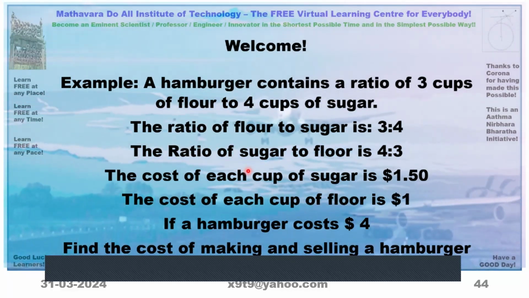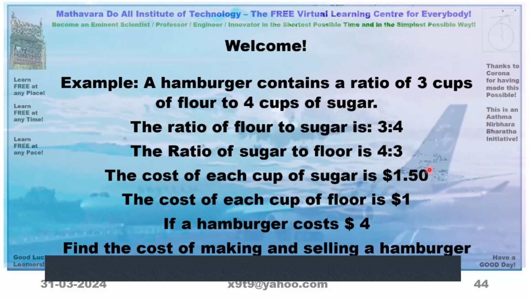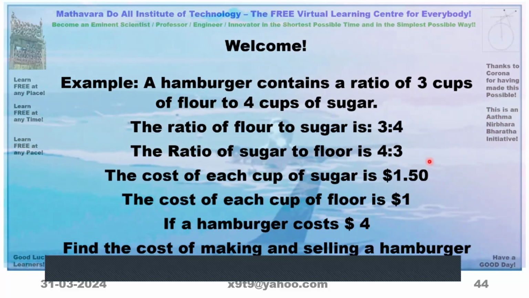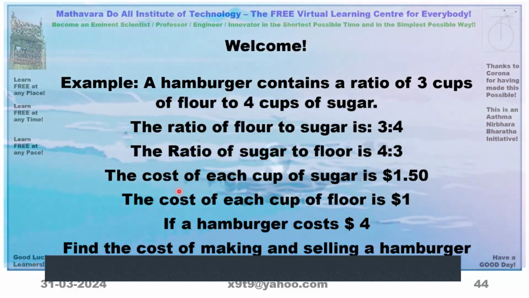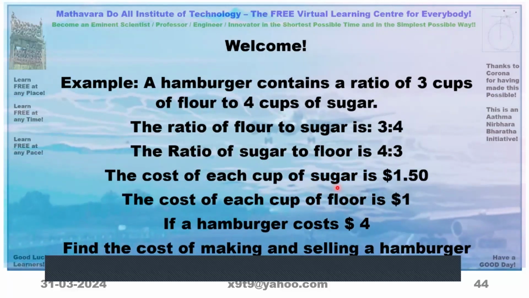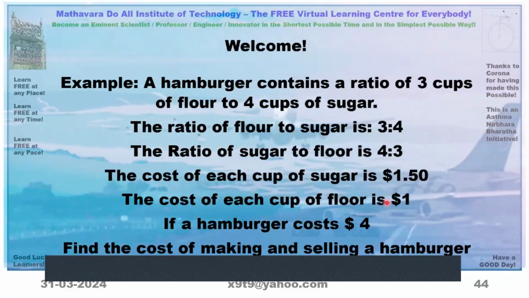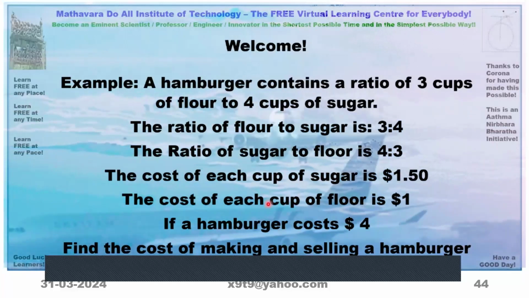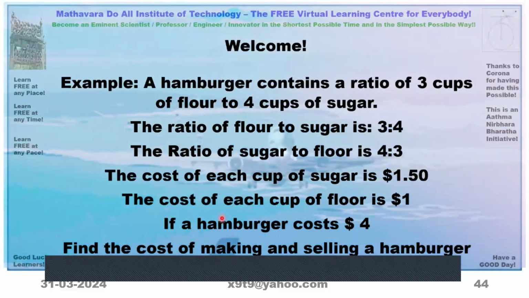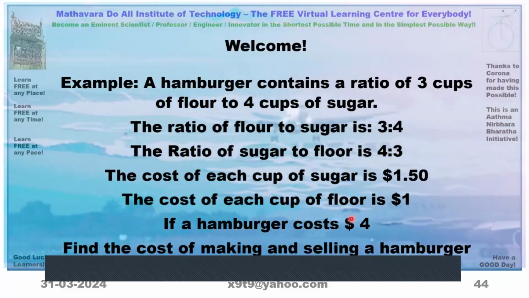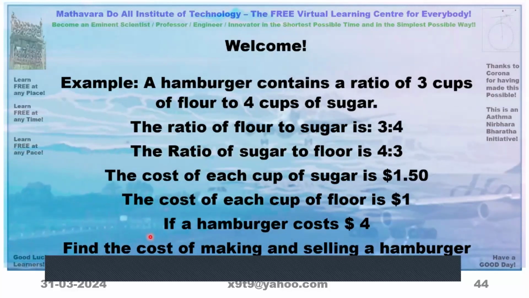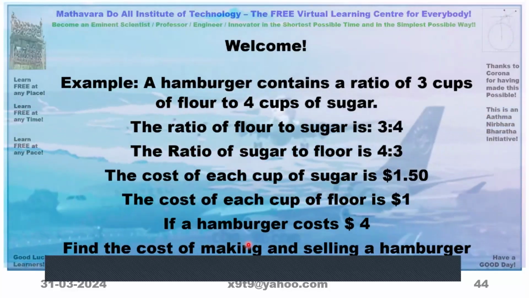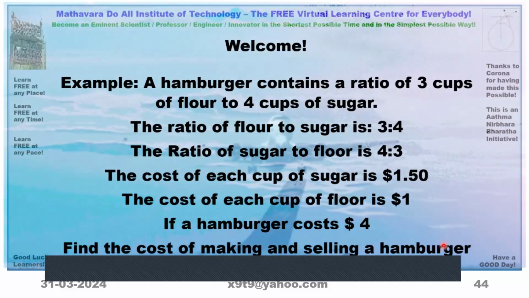Now the cost of each cup of sugar is $1.50. The cost of each cup of flour is $1. Now, if a hamburger costs $4 per piece, find the cost of making and selling the hamburger.